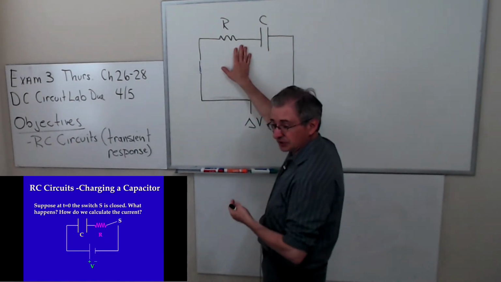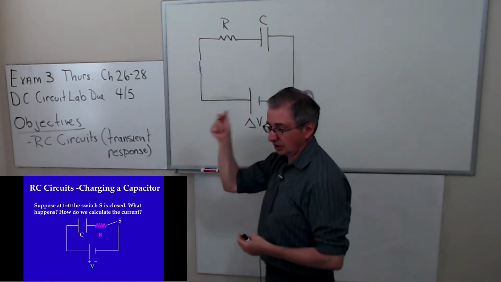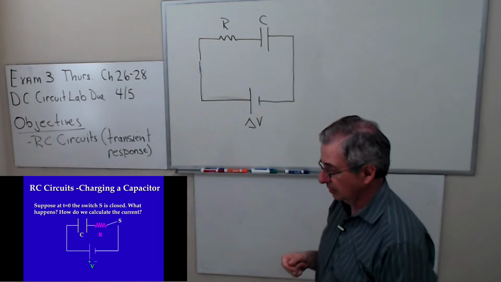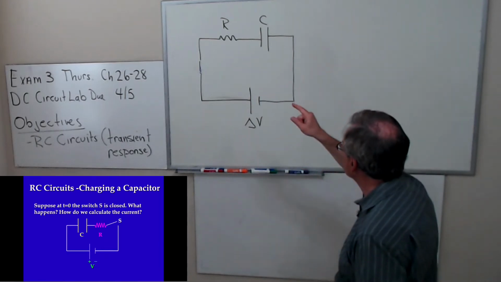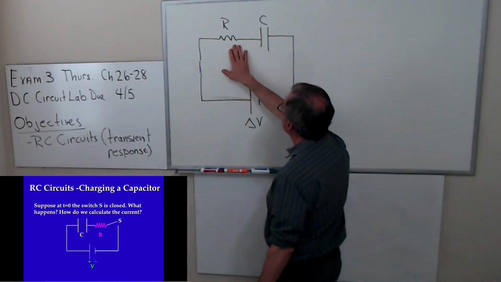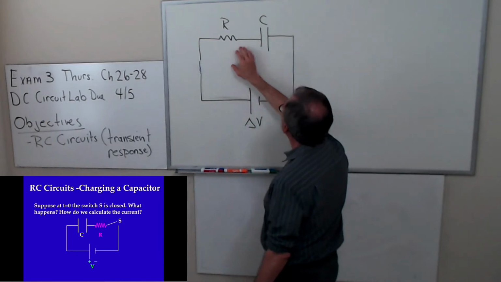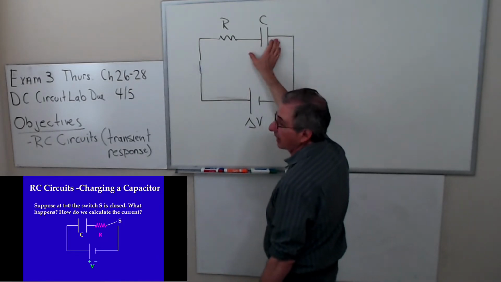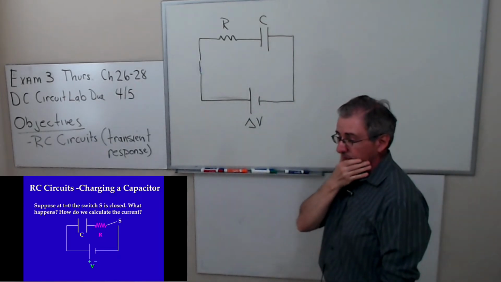If there was no resistance in the circuit, the capacitor would charge up very fast. But now that the resistor is there, it's going to take more time for the capacitor to charge up.